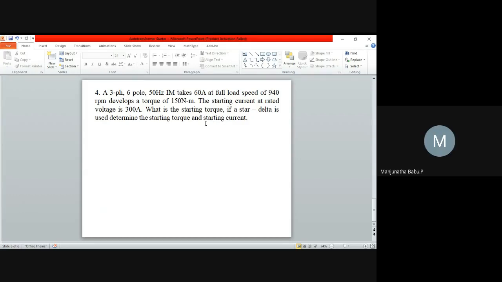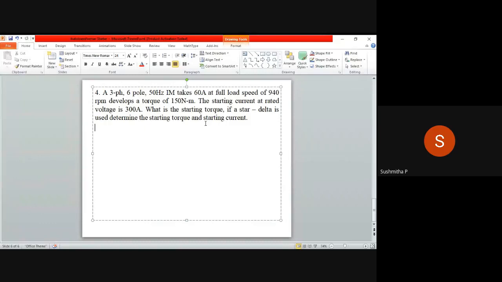Now slip at full load: SF is equal to NS minus N divided by NS into 100, which becomes the percentage slip. So SF is equal to 1000 minus 940 divided by 1000, which gives 0.06 as the full load slip.